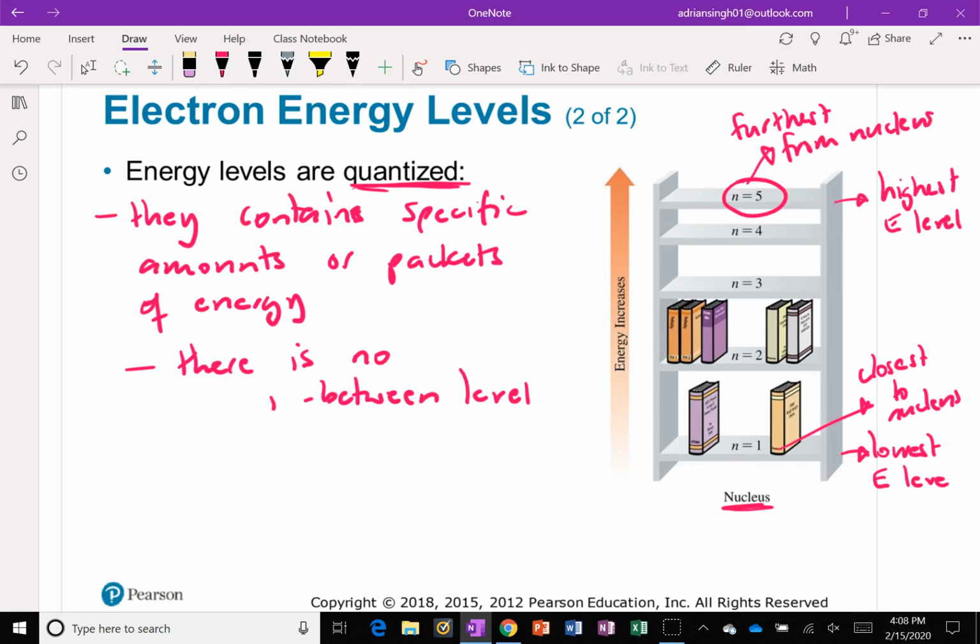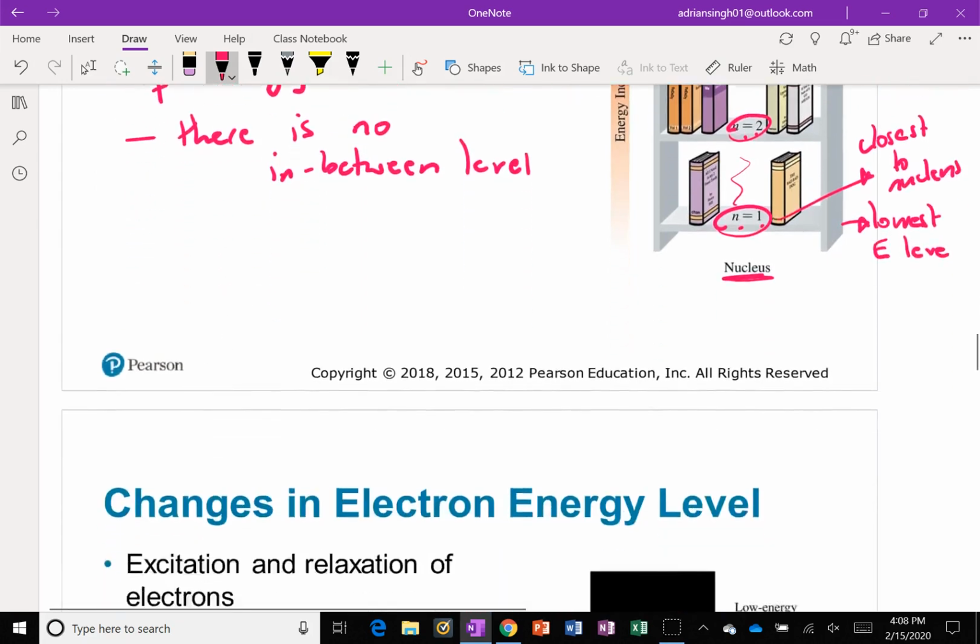You'll notice here that there's an n equals 1 and an n equals 2. So an electron in those energy levels can only be in these steps, or in these shells of our bookshelves. There's nothing in between where that electron can reside. And that essentially is what quantized means.